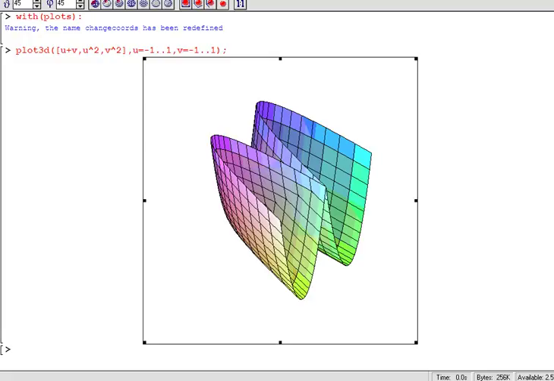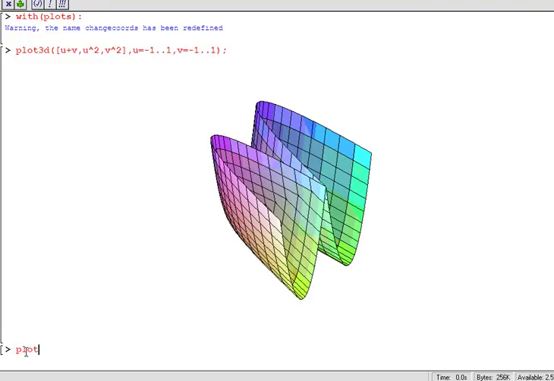In number 8, I'm going to take and plot 3D cosine u times sine v, sine u times sine v, and cosine v plus ln of tangent v over 2, u is 0 to 2 pi, v is 0.1 to 6.2.